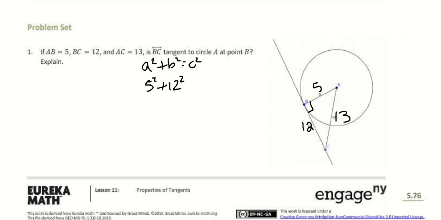So I'm going to do this first, okay? 5 squared plus 12 squared is 25 plus 144. This is 169. Off to the side, I'm going to do 13 squared. This is 169.